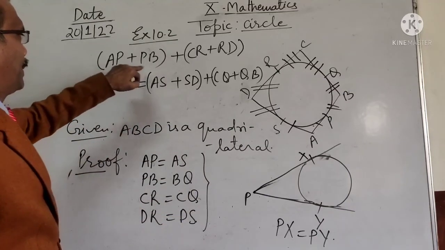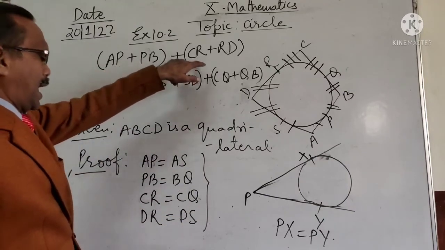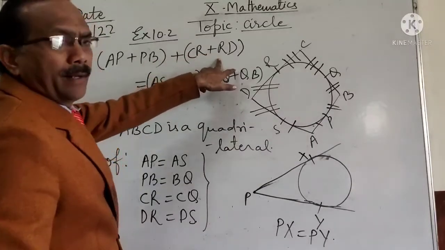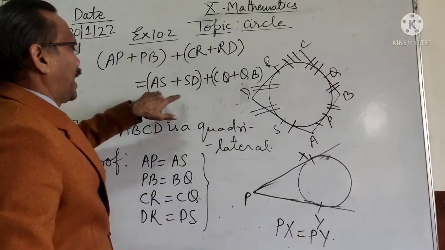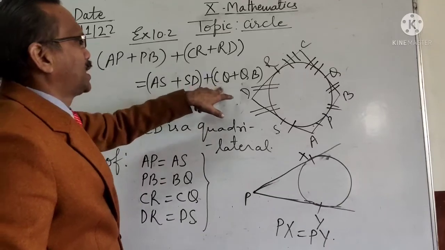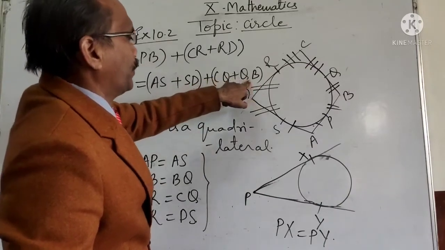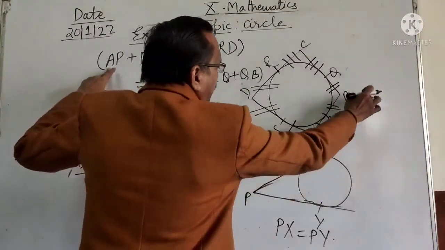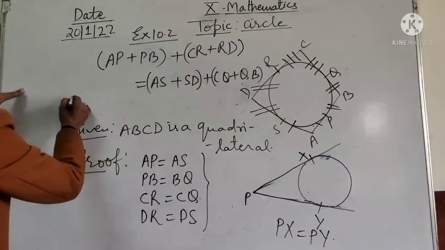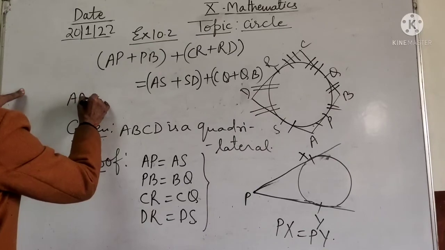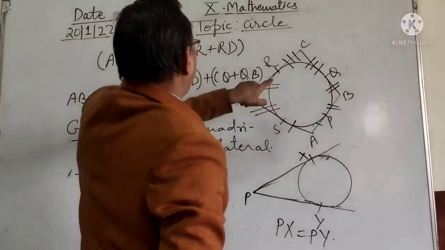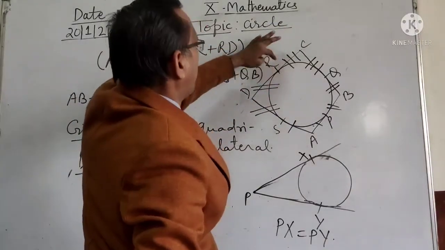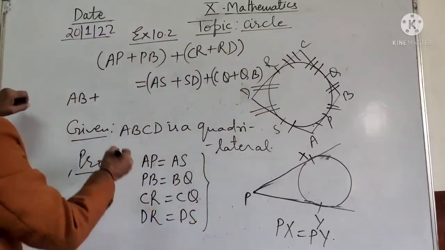So AP plus PB plus CR plus RD is equal to AS plus SD plus CQ plus QB. Now AP plus PB becomes AB and CR plus RD becomes CD.